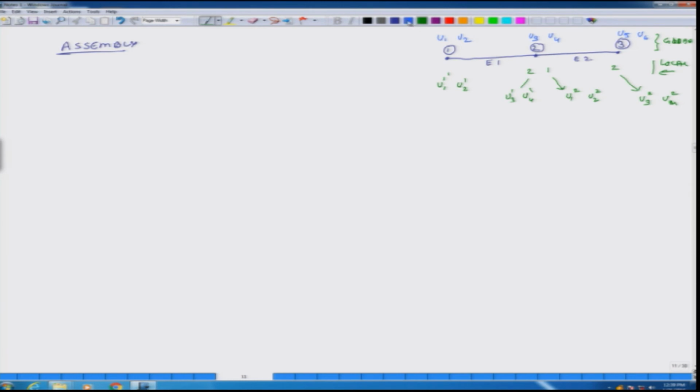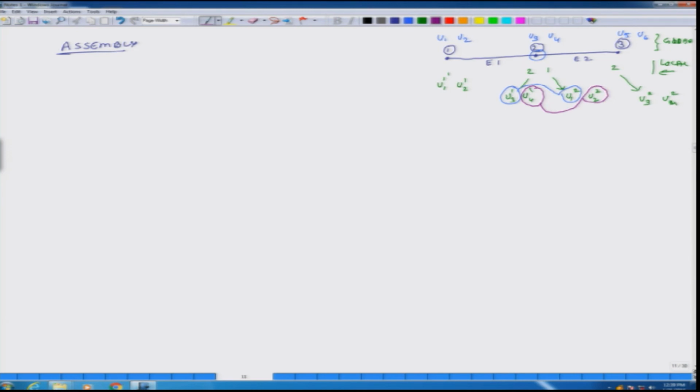So, at the common node, this degree of freedom is equal to this degree of freedom, and this degree of freedom is equal to this degree of freedom.